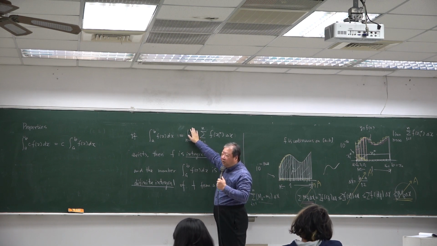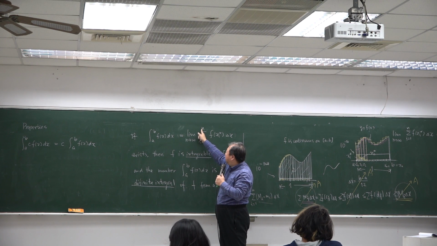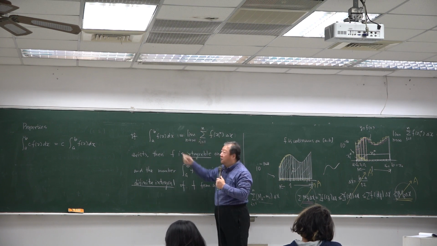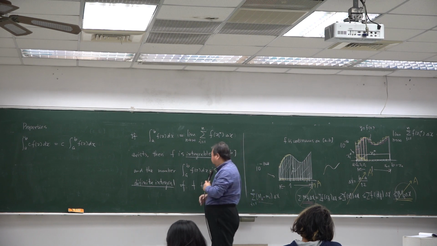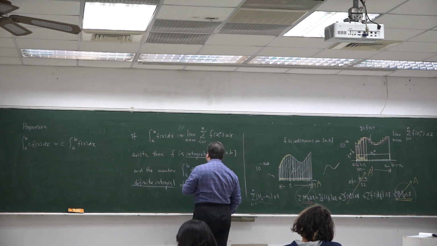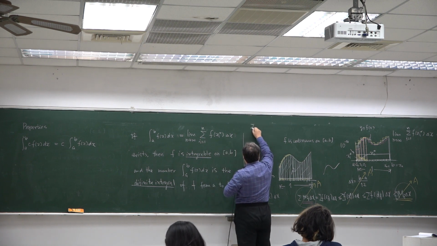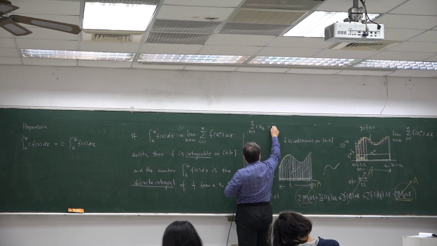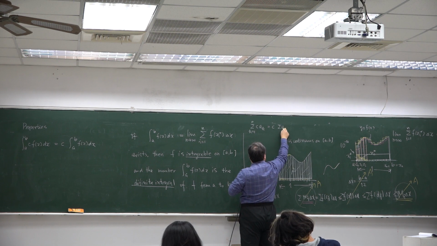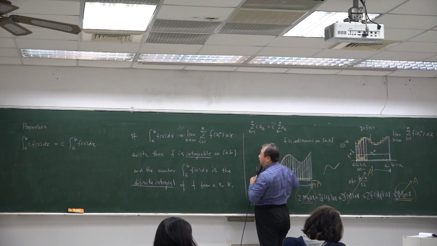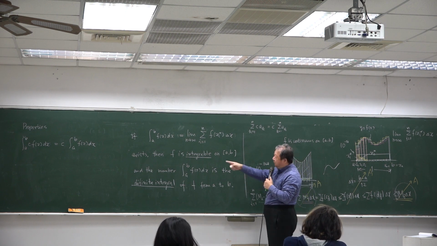You may consider n to be very large, and this one is almost this number. So according to the property of summation, we have this property.